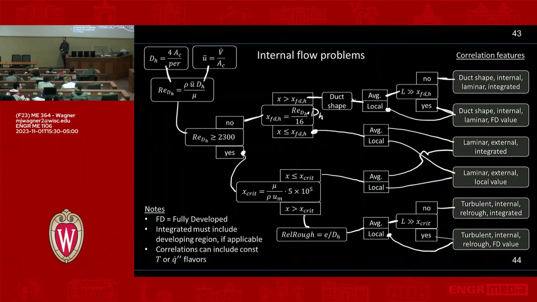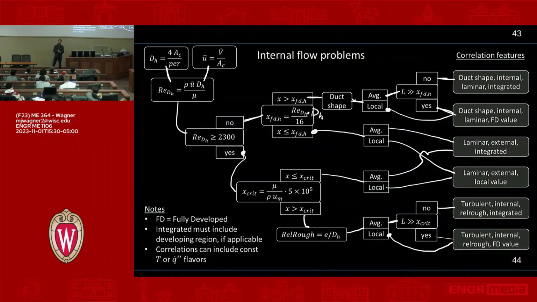Yeah, so when you're deciding if X is greater than or equal to X crit, what X are you talking about? So let's say we're trying to evaluate the local condition at a certain point. So if we know we're looking for a local condition at a certain point, X would be that position.